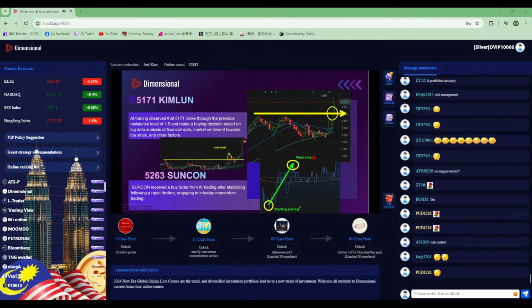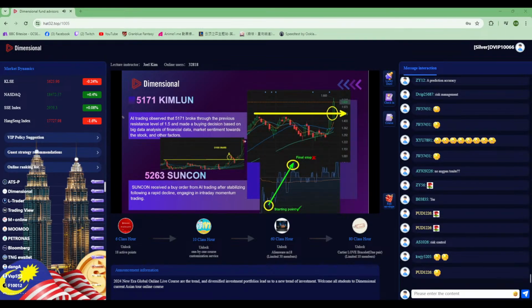Okay, and the question now is, how did the AI trading discover this particular stock? How is it so smart? How does it discover these stocks? It is by looking at the daily charts.